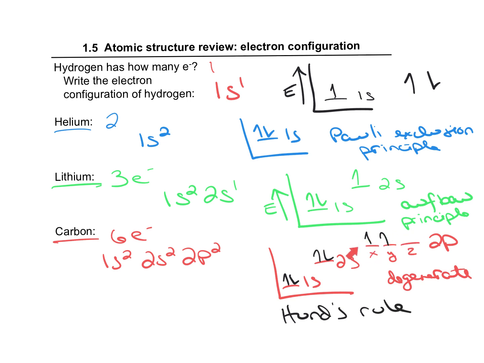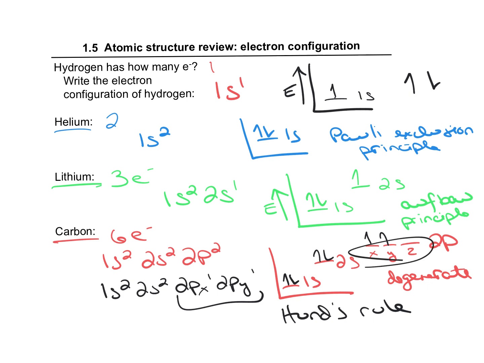Each orbital will get one before any one orbital gets two. So in other words, we could write this out a little bit more explicitly as 1s2, 2s2, 2px1, 2py1. Now, it doesn't matter whether it's x, y, or z. It's just that there are two of them that have one electron each.